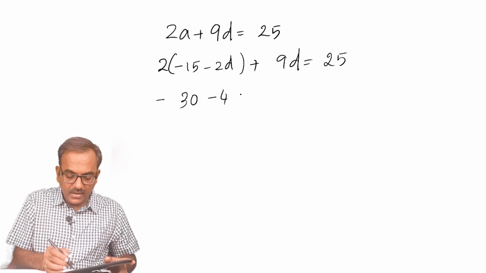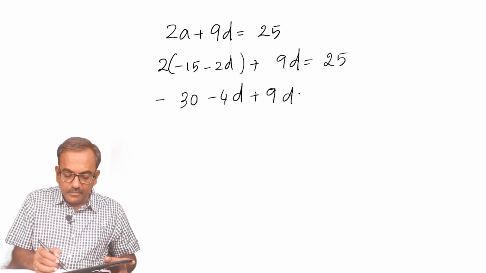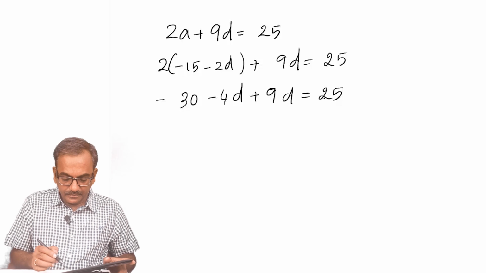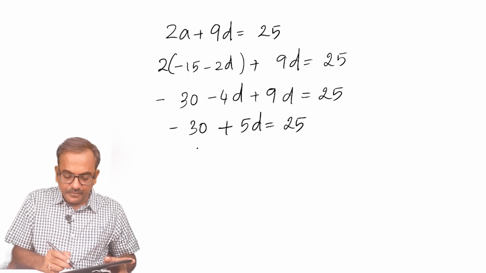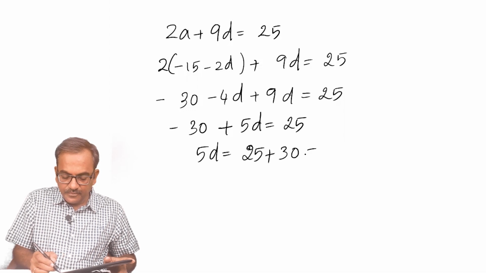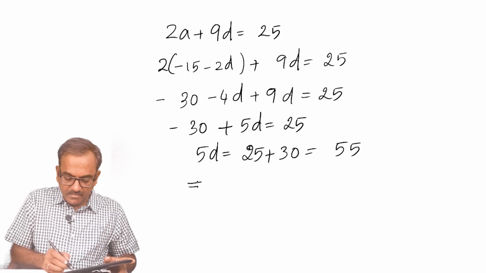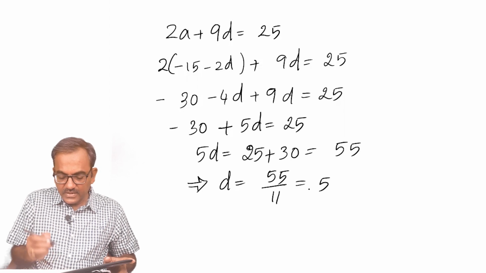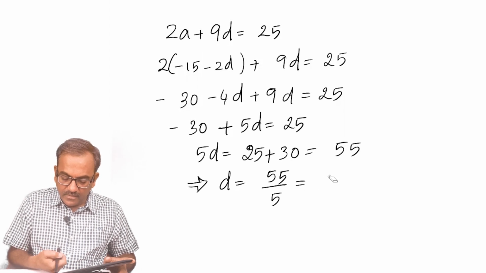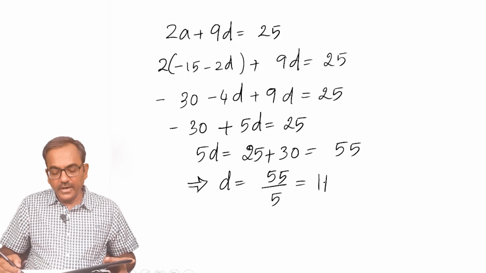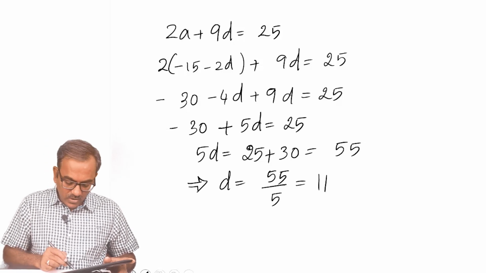Minus 30 minus 4D plus 9D is equal to 25. Minus 30 plus 5D is equal to 25. 5D is equal to 25 plus 30, that is 55, which implies D is equal to 55 by 5, which is undoubtedly 11.